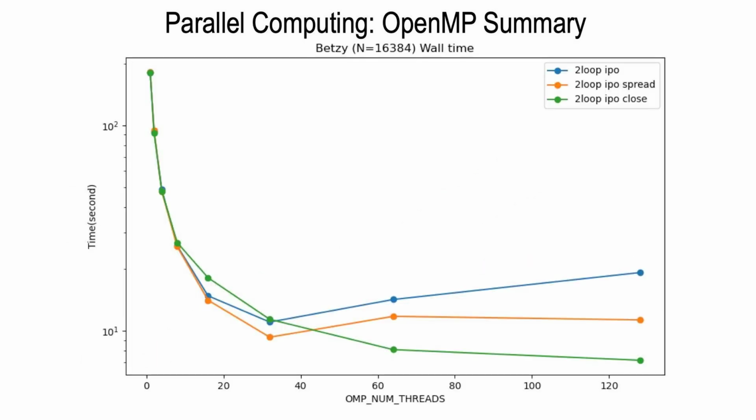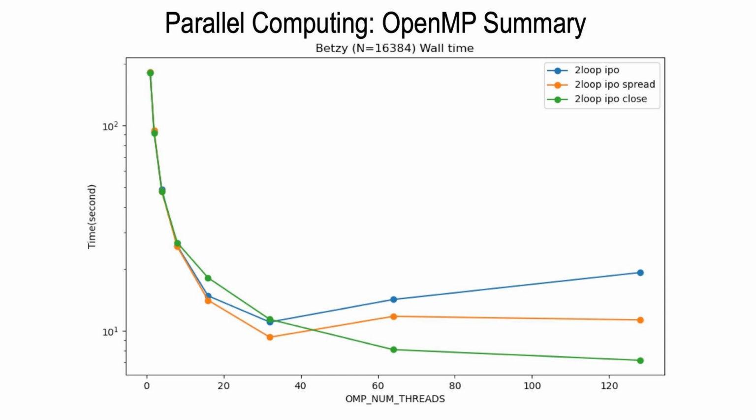This figure illustrates the wall time for all tests conducted on the Betzy Linux cluster. Note that the wall time axis is presented on a logarithmic scale to enhance the clarity of the data. All tests on Betzy included inter-procedural optimizations, IPO, which were crucial for achieving good performance.